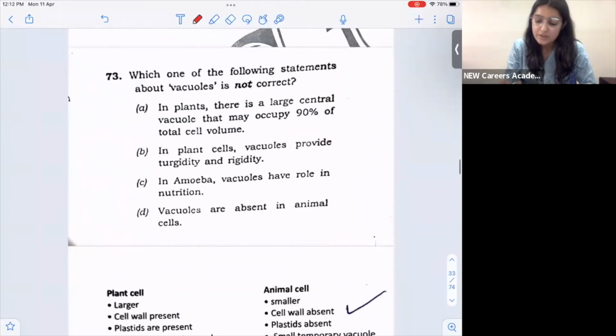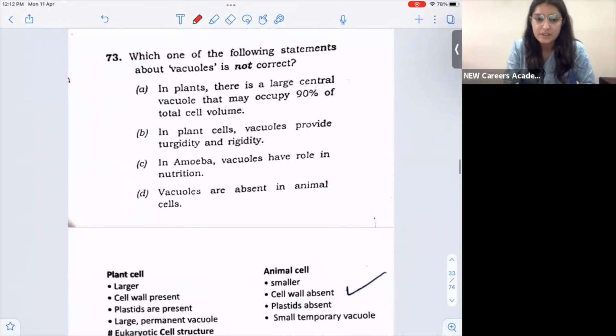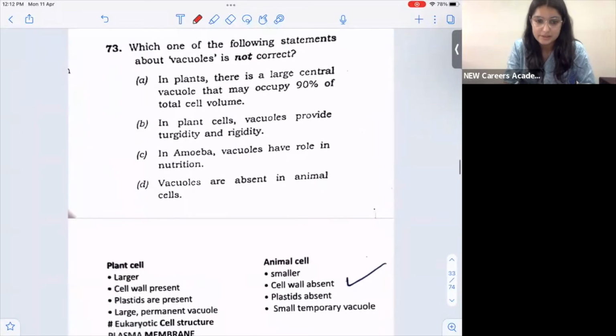Next question, which one of the following statements about vacuole is not correct? Vacuoles are present in plant cells, and they occupy 90% of the volume of the cell. This is true. In plant cells, vacuoles provide turgidity and rigidity. True.